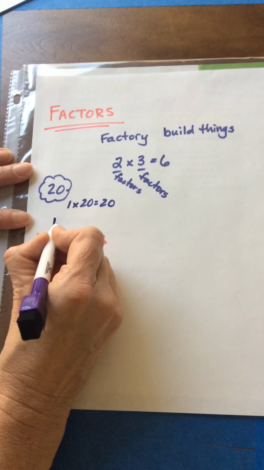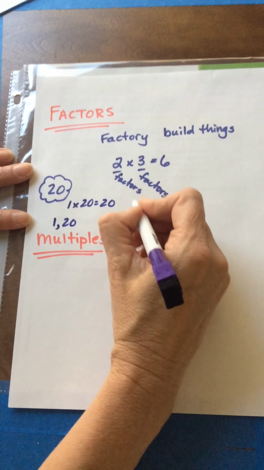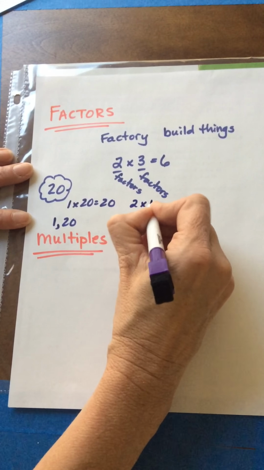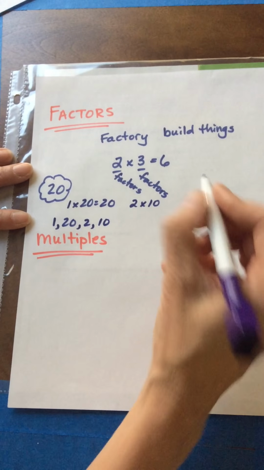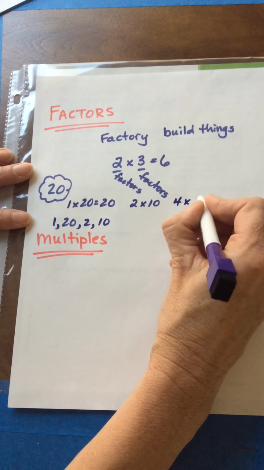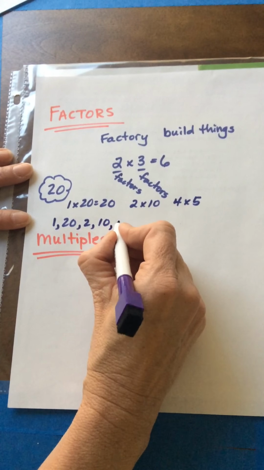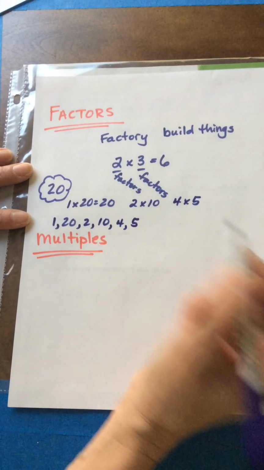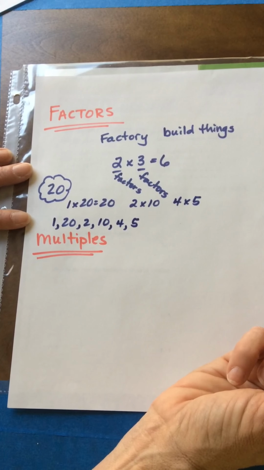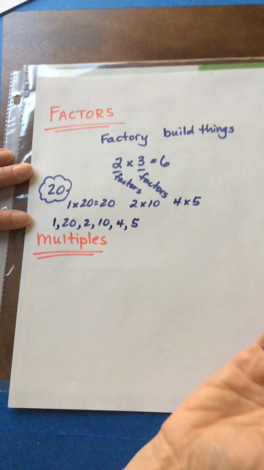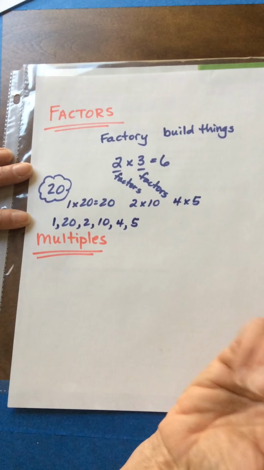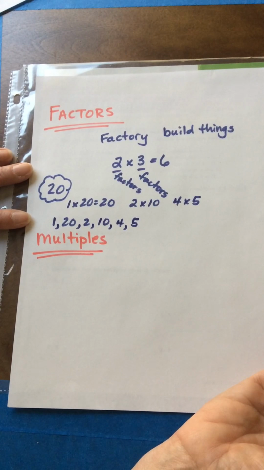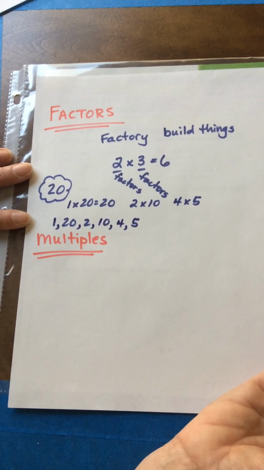So the numbers 1 and 20 are factors. 2 times 10, so 2 and 10 are factors. 4 times 5. 4 and 5 are factors of 20. So we all know that 1, 20, 2, 10, 4, and 5 are factors. They're the building blocks. They build the number 20.